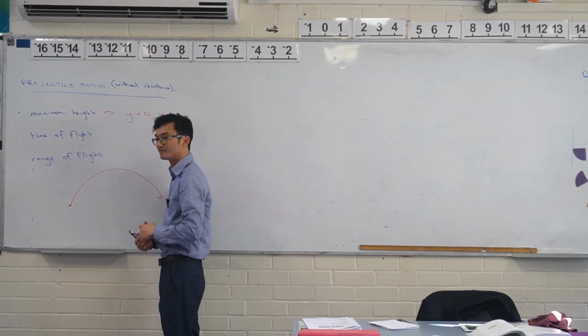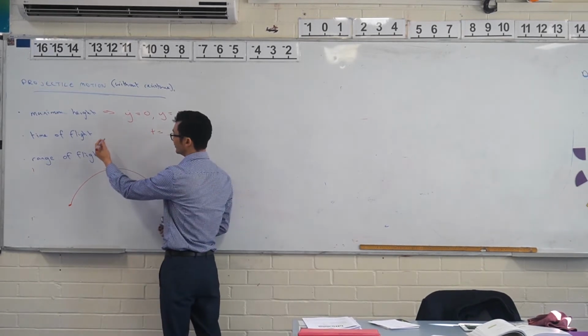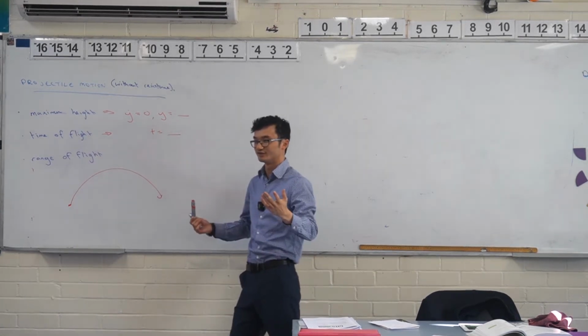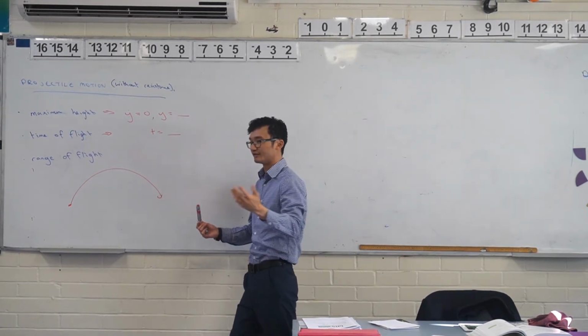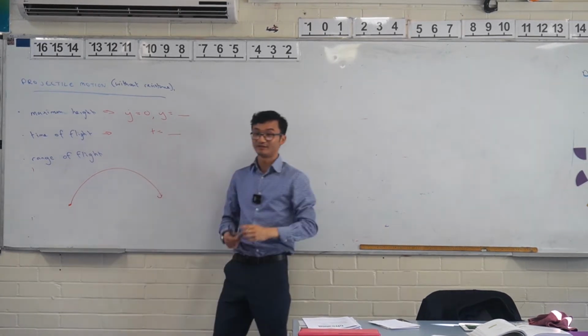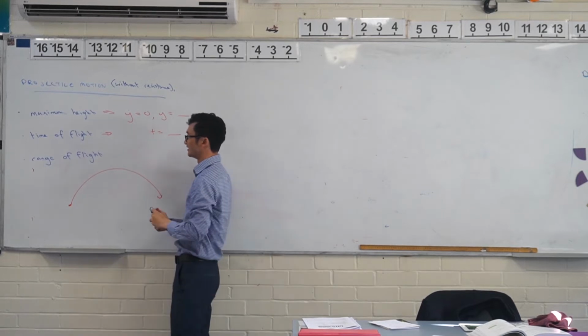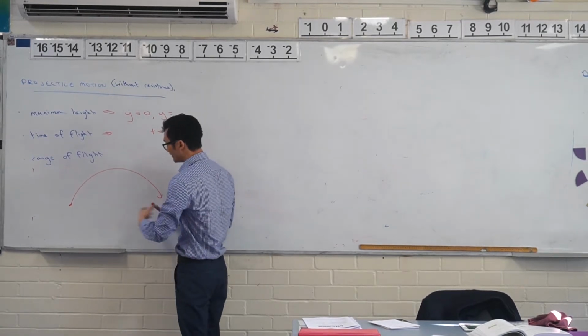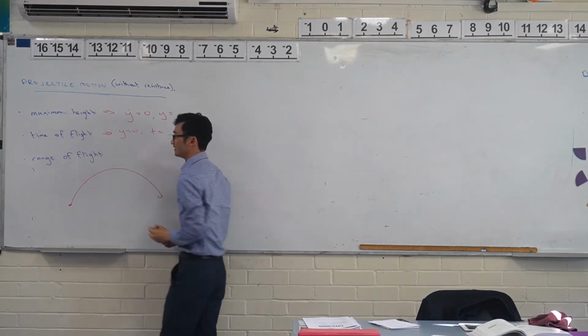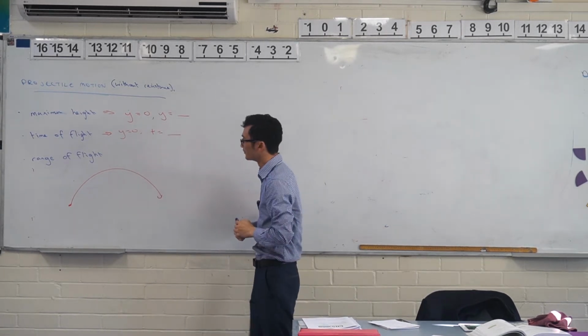When it hits the ground, and that's when your y value is equal to 0 as well. It depends on the situation. Typically, that's right. If there is a modified situation where it's on a cliff or something like that, that may affect it, but that's the kind of idea we're looking for.